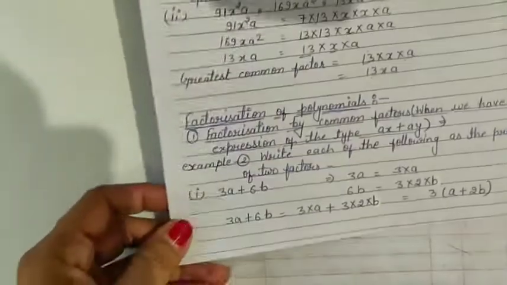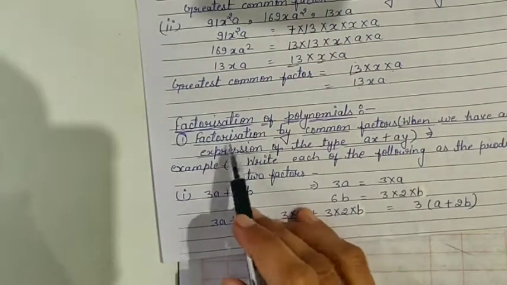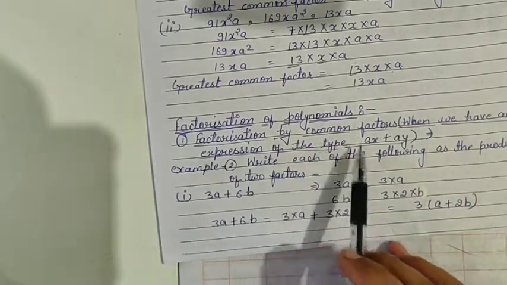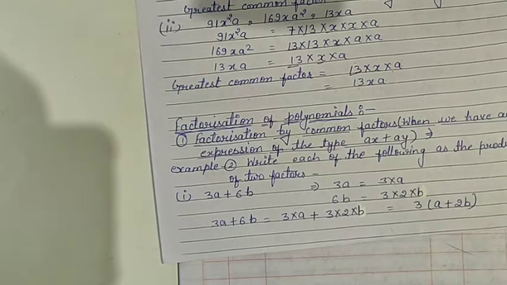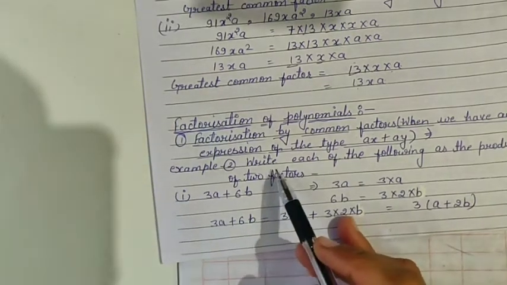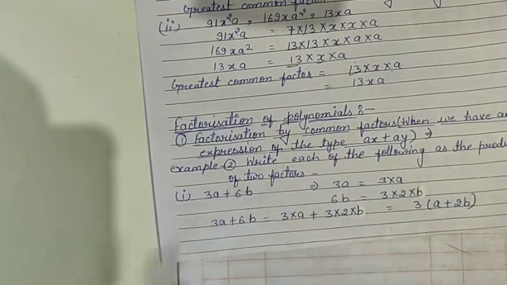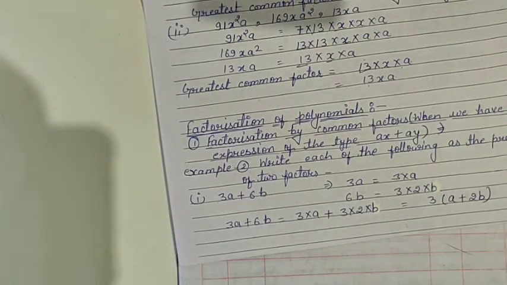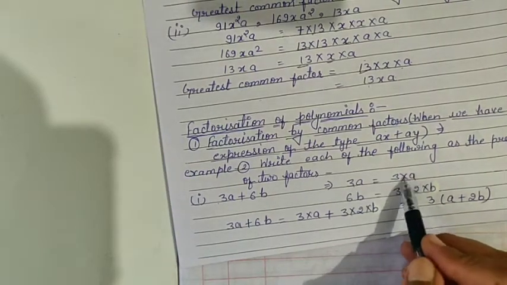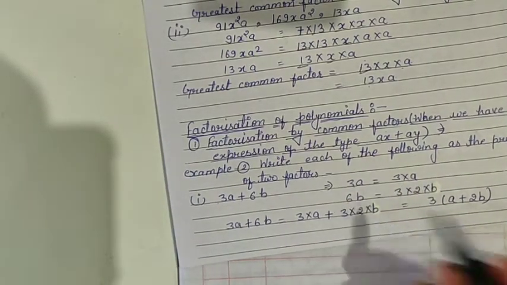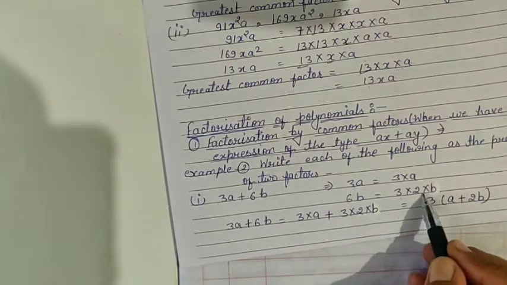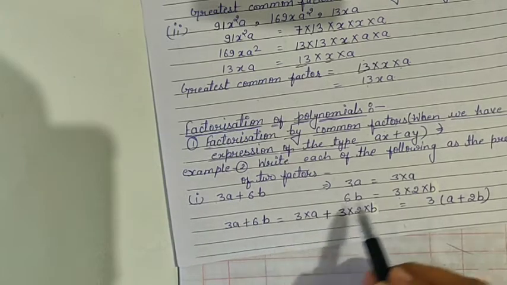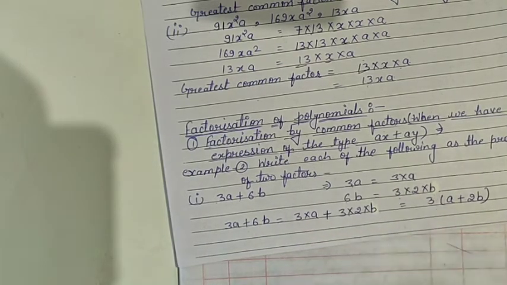Now factorization of polynomials. First, factorization by common factors, when we have an expression of the type ax plus ay. For example, write each of the following as the product of two factors. 3a plus 6b. So firstly, factors of 3a is 3 into a and factors of 6b is 3 into 2 into b.